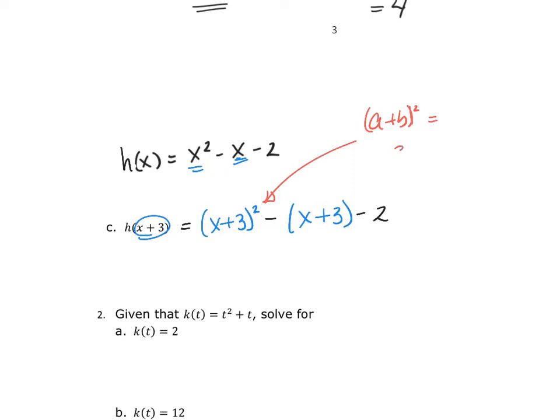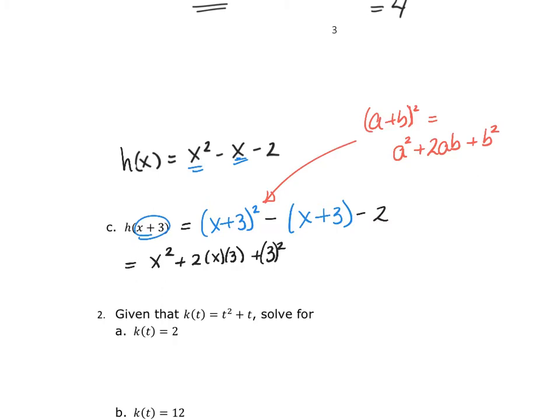When you multiply this out, it becomes the first term squared, so a squared, plus, and that's only because it's a plus b, 2 multiplied by the first term times the second term, and then plus my second term squared. So I know that when I do x plus 3, the quantity squared, this is going to multiply out into x squared, that's my first term, plus 2 multiplied by x multiplied by 3, plus 3 squared.